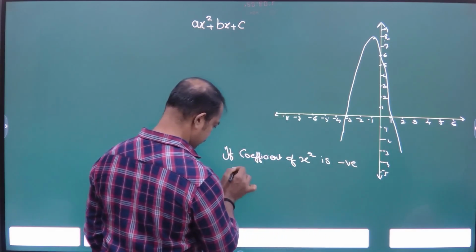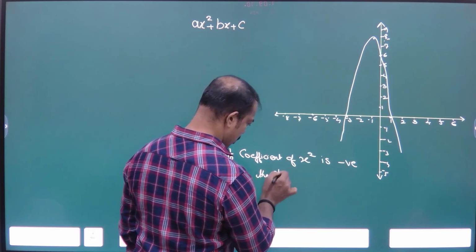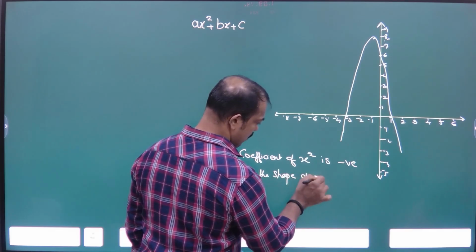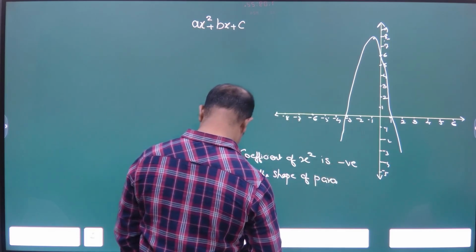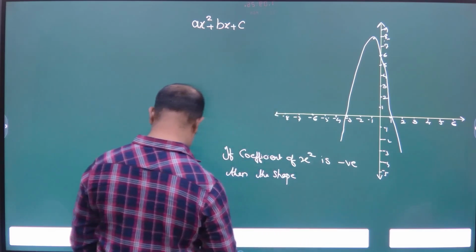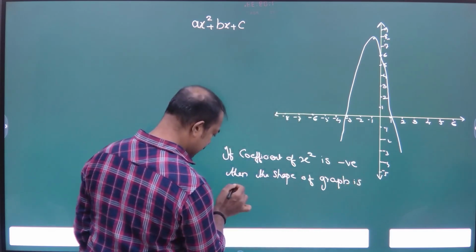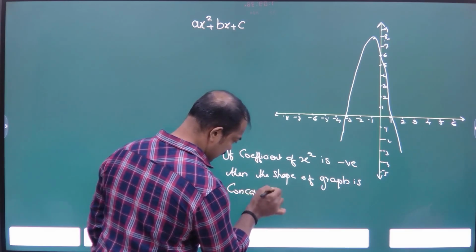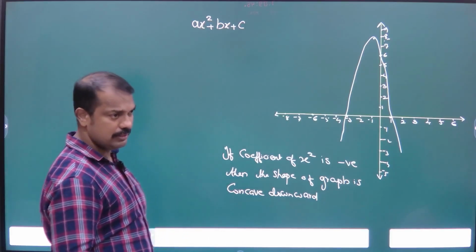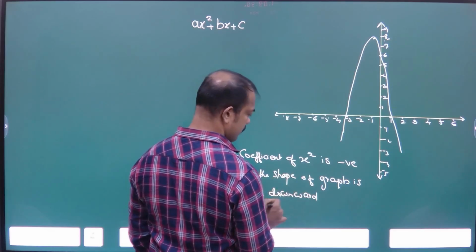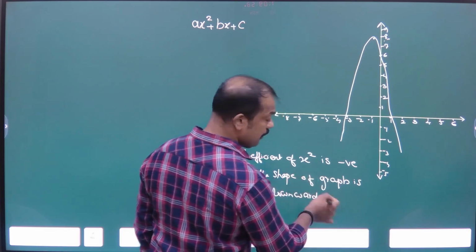then the shape of the parabola, the shape of the graph, is concave downward. Concave downward, that is a parabola that is downward, okay, this is clear. The shape of the graph is a parabola that is concave downward.